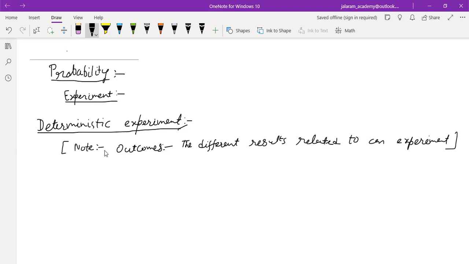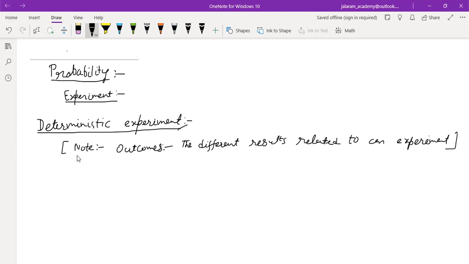Now we come to our topic, deterministic experiment. Deterministic experiments are the experiments whose outcomes are always definite.